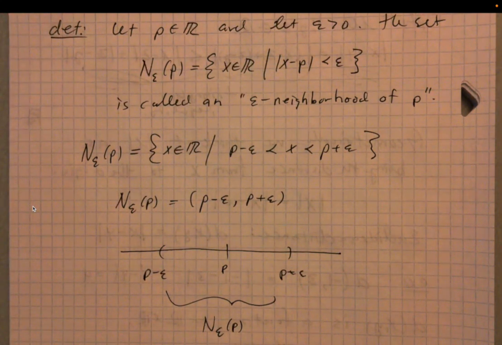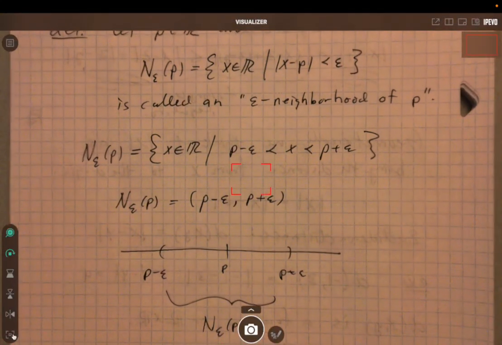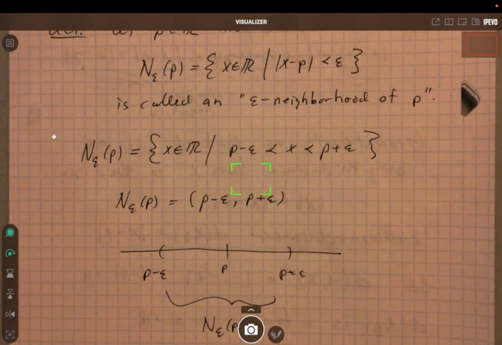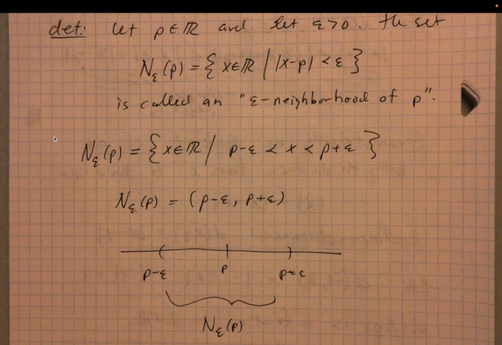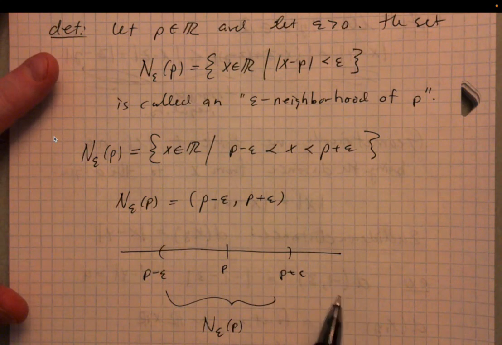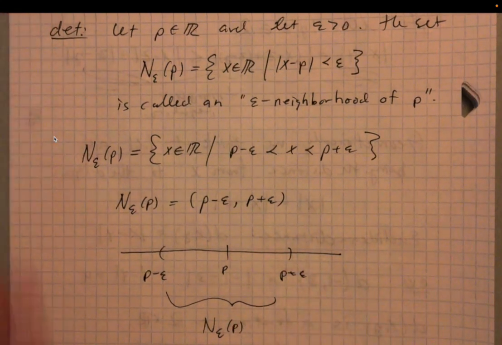Okay, and so the idea is that the way these epsilon neighborhoods will be used, and we'll see this in a moment, is we'll let epsilon vary. We'll let this positive quantity epsilon be given, meaning it can be as small as you like. It can be arbitrarily small.